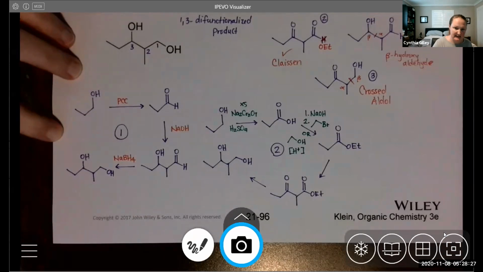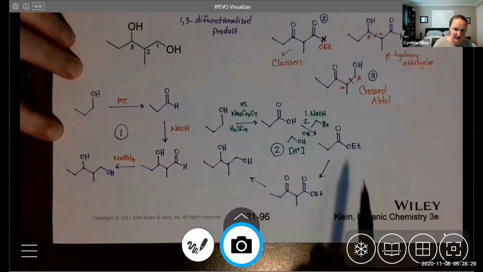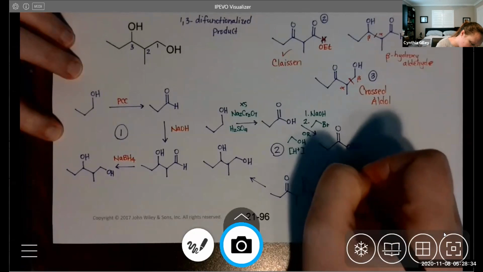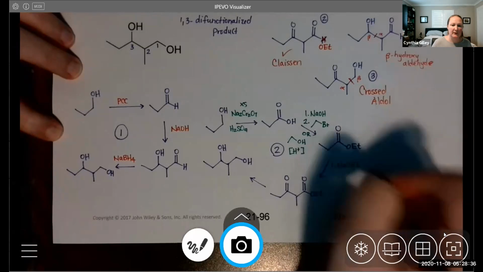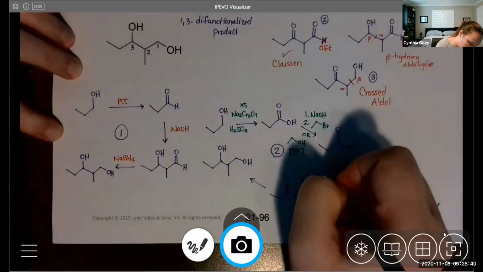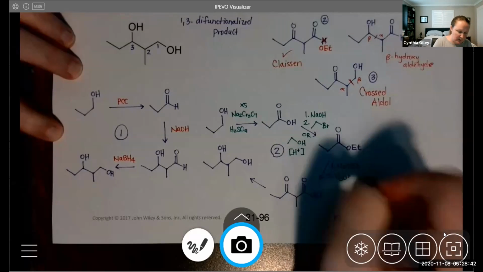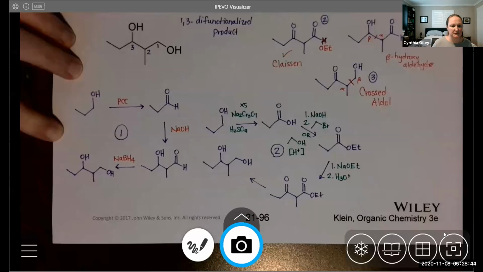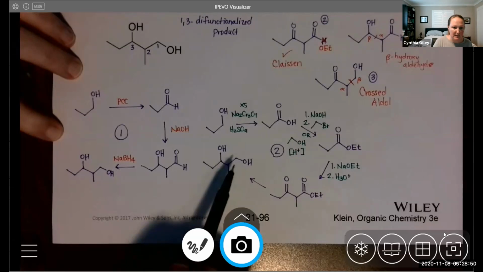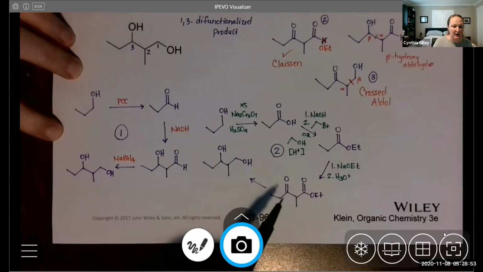And then the Claisen condensation uses the matched alkoxide. So we would do step 1, sodium ethoxide, and it would dimerize, and we would need an acidic workup in order to get the neutral beta keto ester product. And reduction of a ketone to a secondary alcohol can be accomplished with sodium borohydride or lithium aluminum hydride.